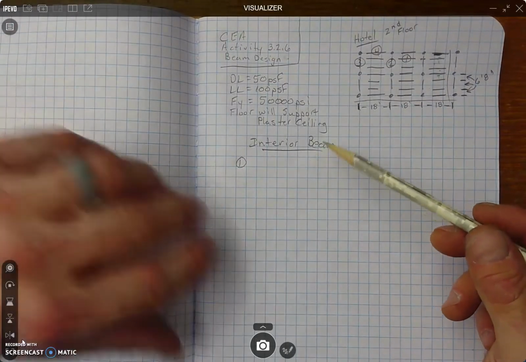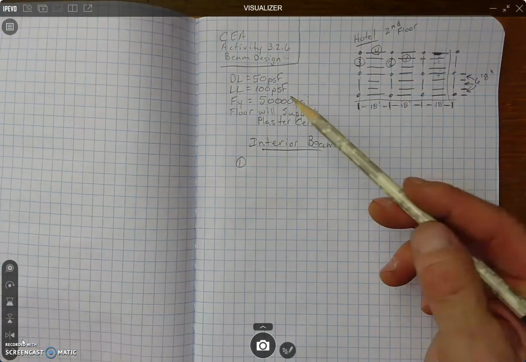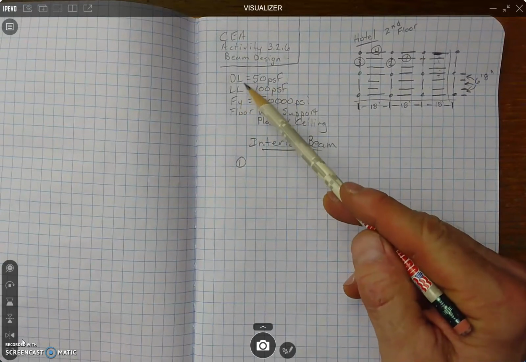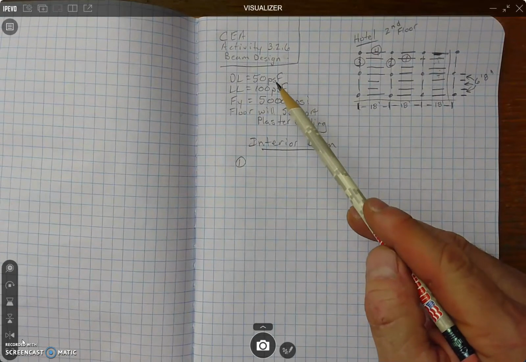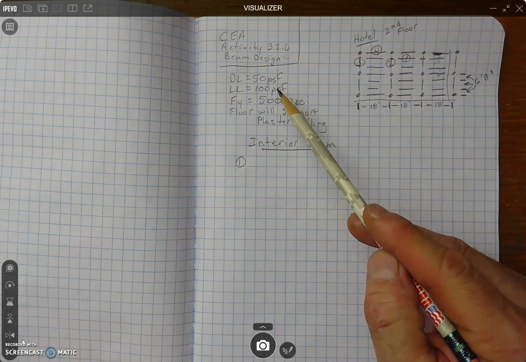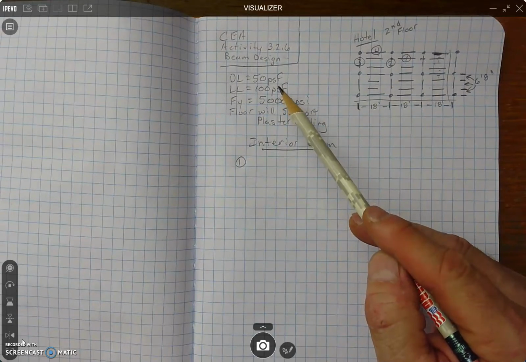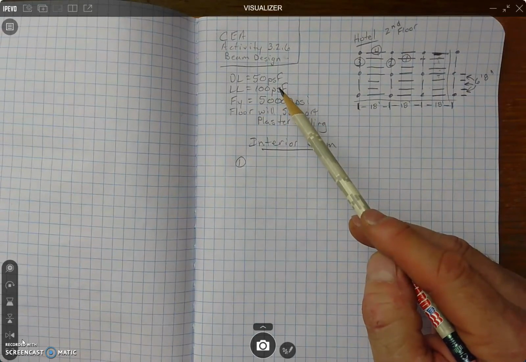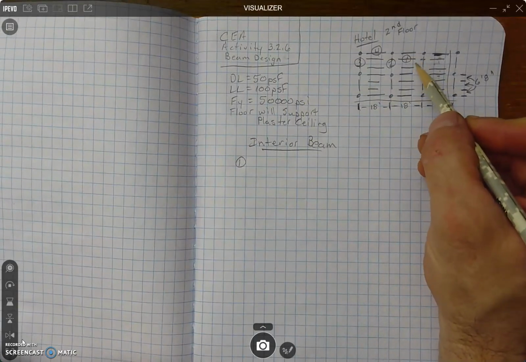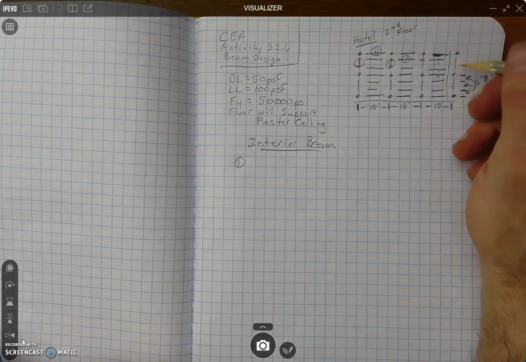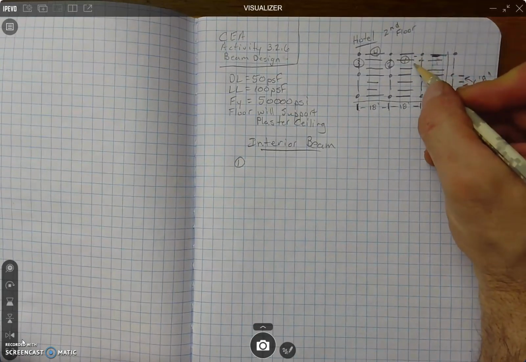All right, so how do we calculate the loading? Here are our loads. Our interior beam is going to carry 50 pounds per square foot of dead load and 100 pounds per square foot of live load. That's for every square foot, so you have to figure out how many square feet there are. You take the tributary, which goes from here to here.